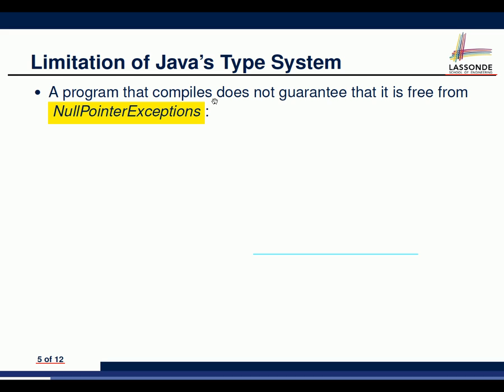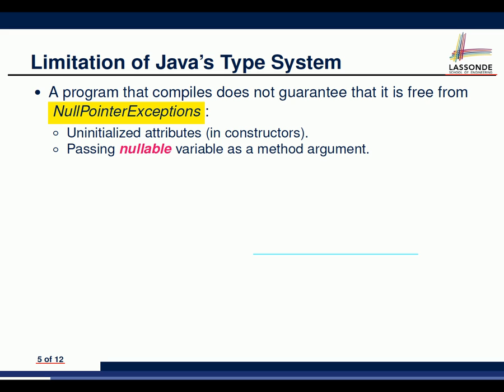Even if you're very experienced, you always just forget to check certain things. Let's admit that. It can be uninitialized attributes in the constructors, or you try to pass some variable that can be null in the arguments, or try to call methods on some context object that can also be null.